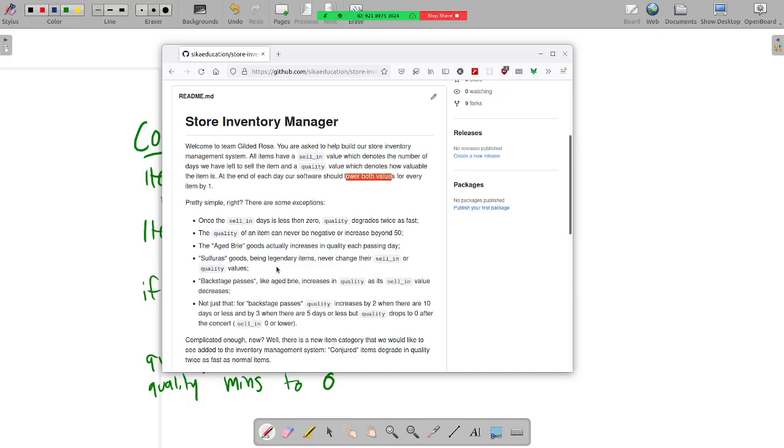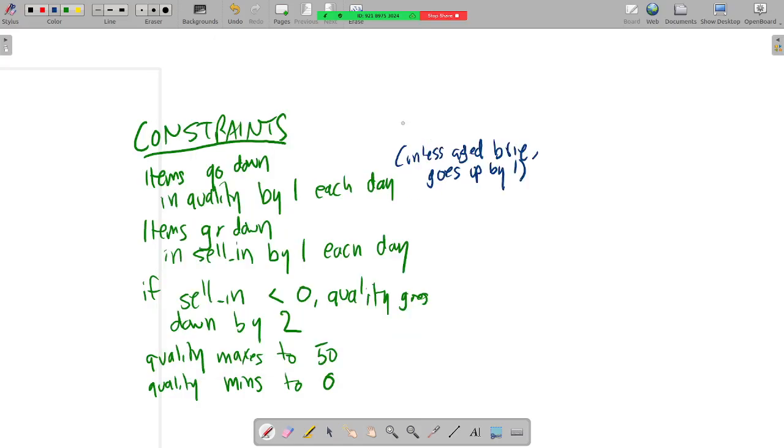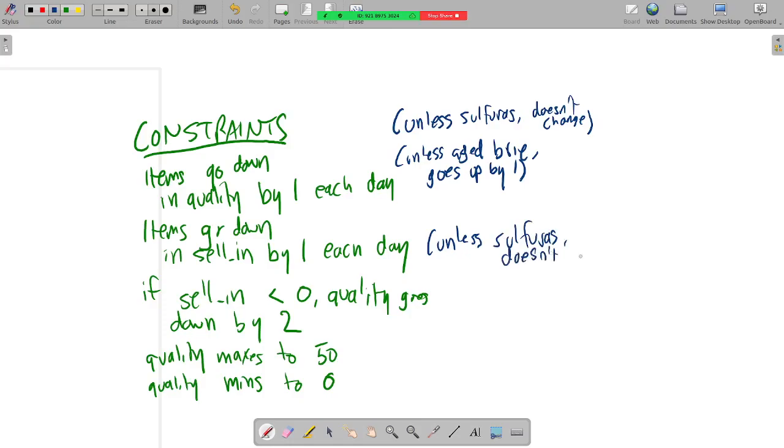Sulfurous goods never change their sell-in or quality values. And so that's another change to that constraint. So unless sulfurous, it doesn't change. That's also the case with this.